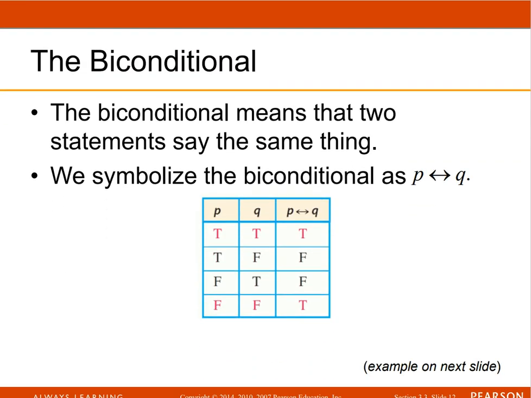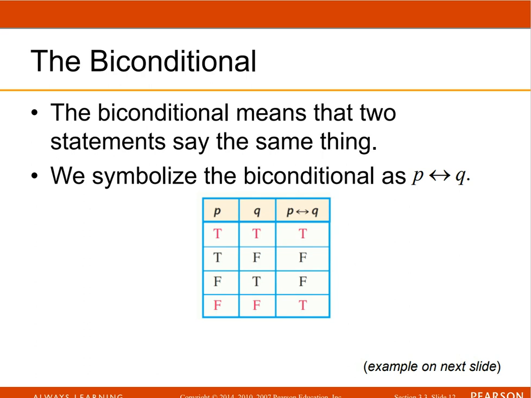And then the last part of this goes over the biconditional. Now, I had talked about the biconditional in section 3.1, and that's the if and only if statements. This is when, if you were to switch the hypothesis and the conclusion, you would get the same result either way.